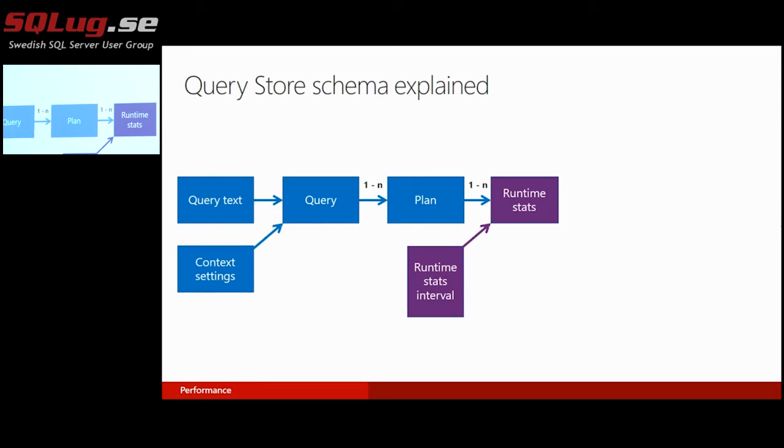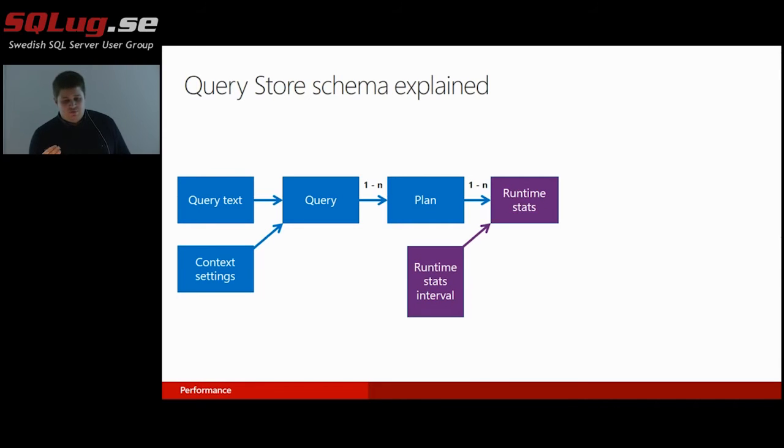And this is the static part. Then we have runtime information: how this plan was used, and what some runtime values were, for example average time, how many cores of the processor were involved to run this query, how much memory was granted, how much memory was used. Everything we have to know.